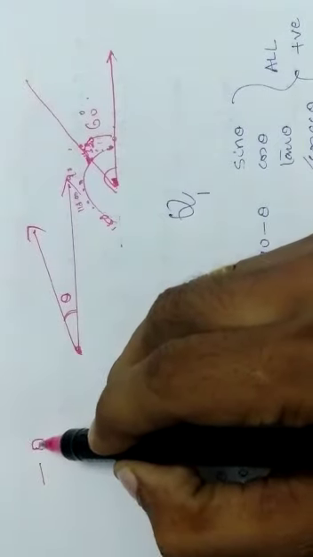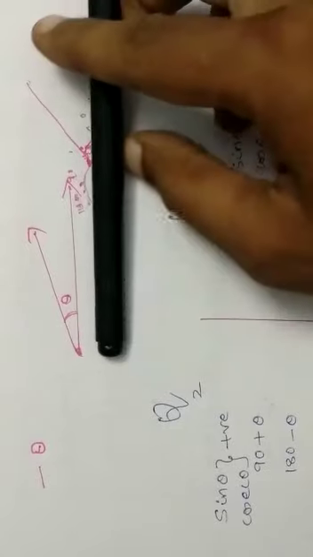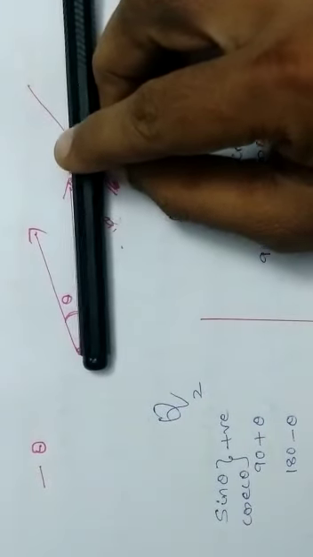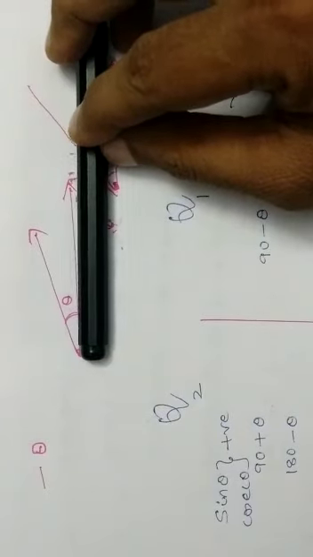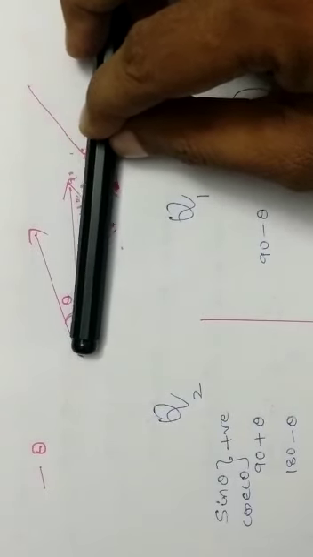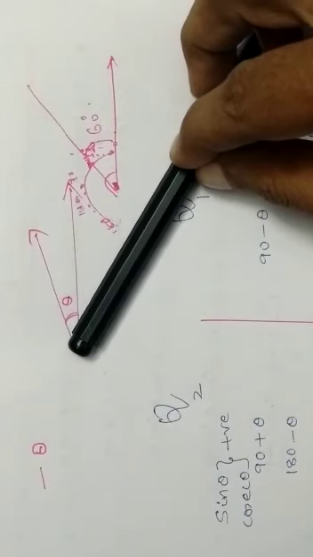Minus theta represents clockwise direction, which means you have to rotate the terminal ray in clockwise movement like this. This movement is clockwise.